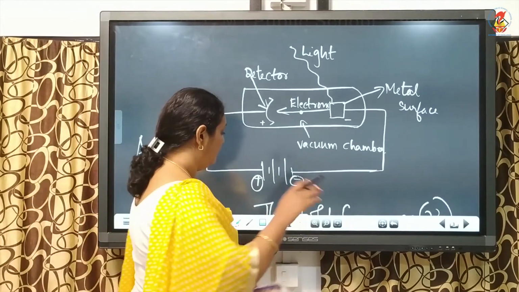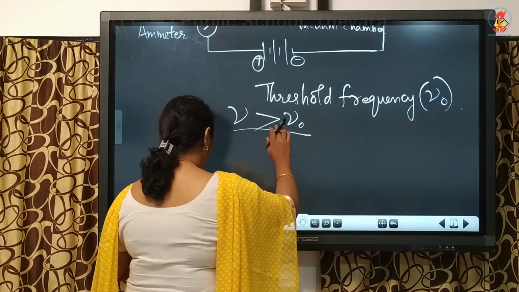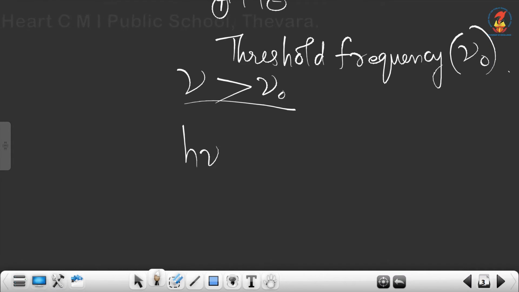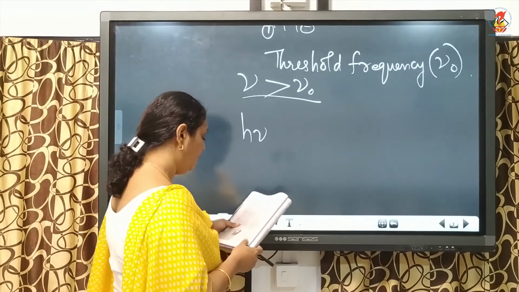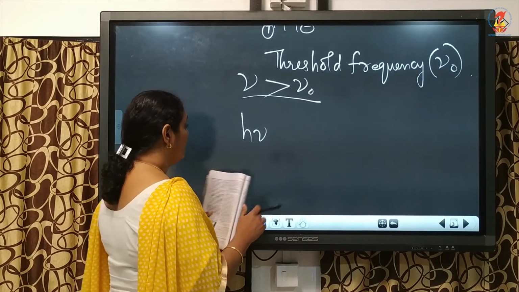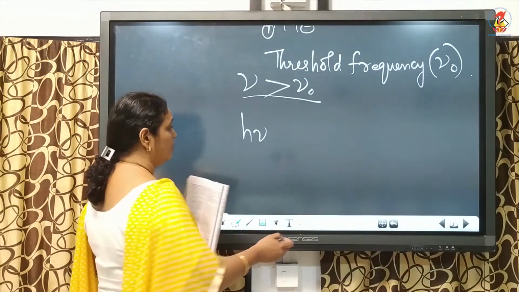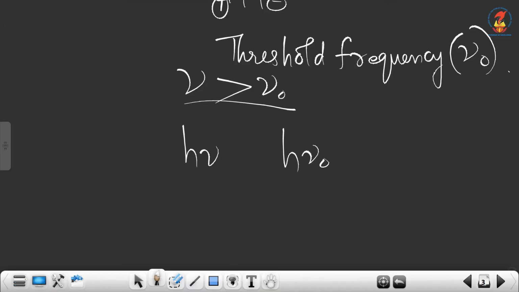Since the incoming radiation striking the metal surface has energy equal to h nu, and the minimum energy required to eject the electron is h nu naught, because nu naught is the minimum frequency required for the ejection of electron, the difference in energy, that is h nu minus h nu naught, will be transferred as the kinetic energy of the photoelectron.